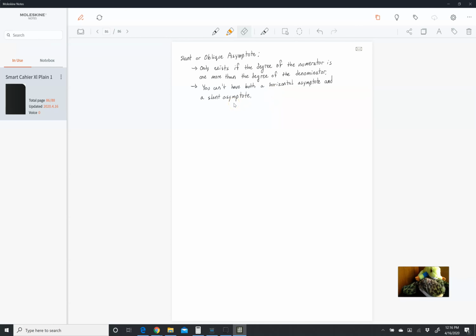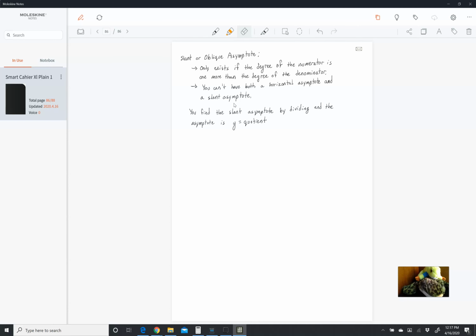And the way that you find the slant asymptote is by dividing. And the asymptote is y equals the quotient.